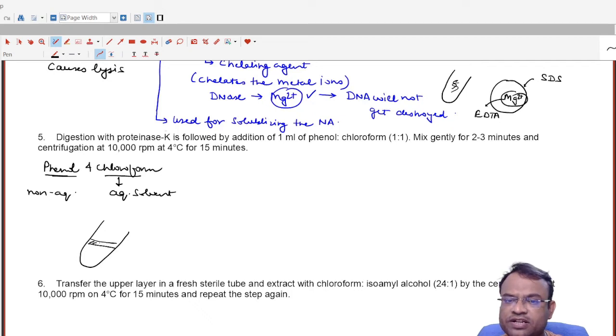So suppose this is the interface, and for your ease, let me put some color over here.